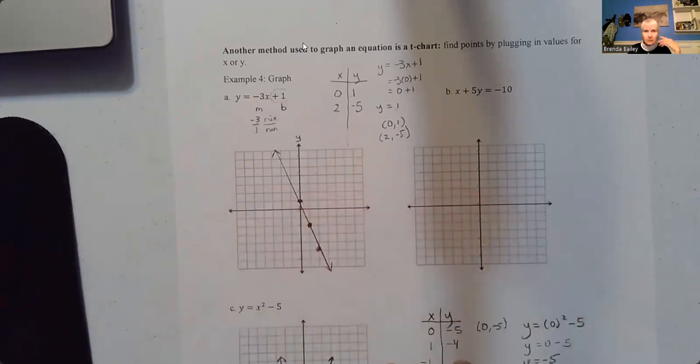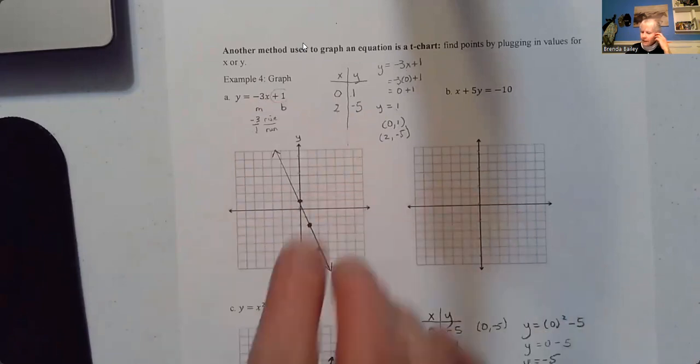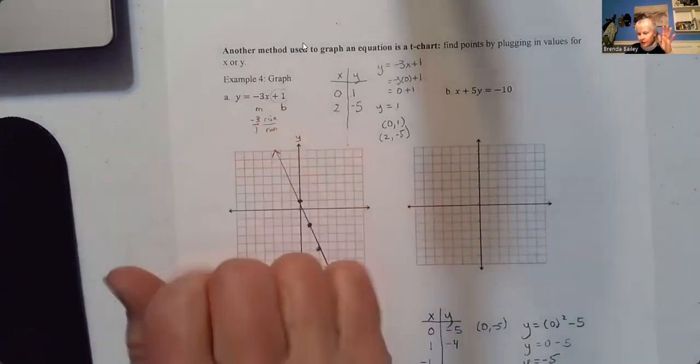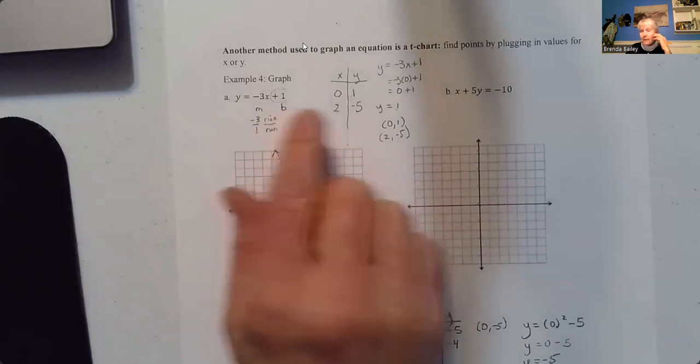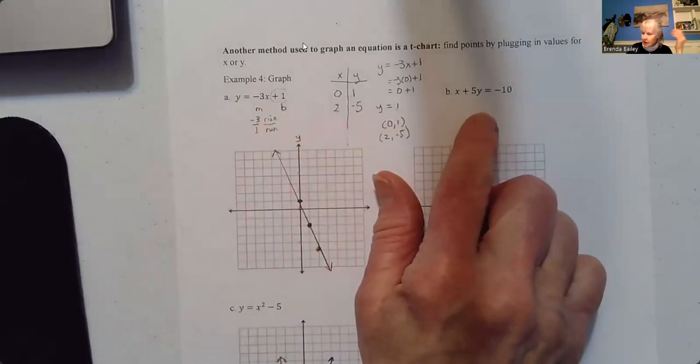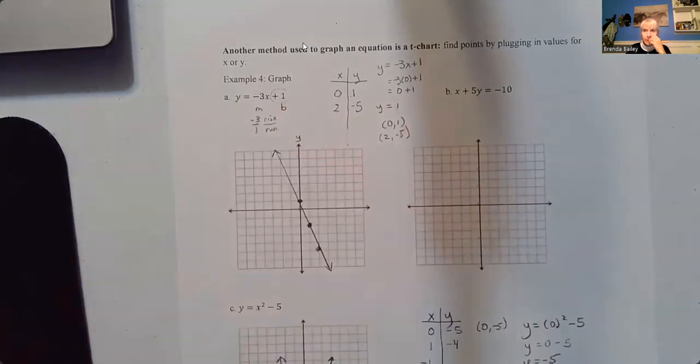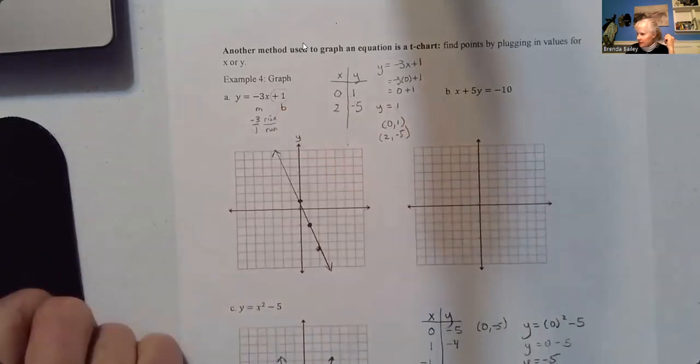Again, the T-chart always works. Then depending upon the equation that's given to you, you may want to use the x and y intercept method, which we're going to talk about in 3.3, or the slope-intercept method. You just have to decide which is easiest for you.